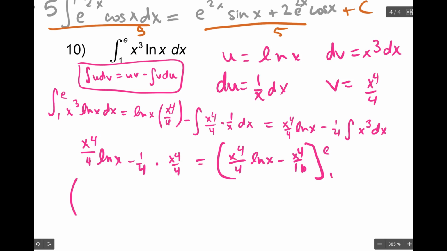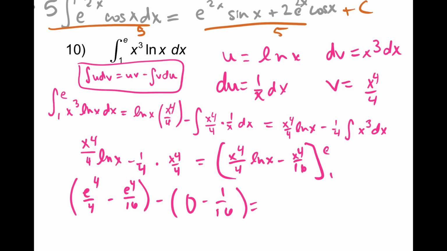So it's going to be e to the 4 over 4 minus e to the 4 over 16. Then 0 minus 1/16. What about the ln? ln of e is just 1, so multiplied by 1. ln of 1 is 0.